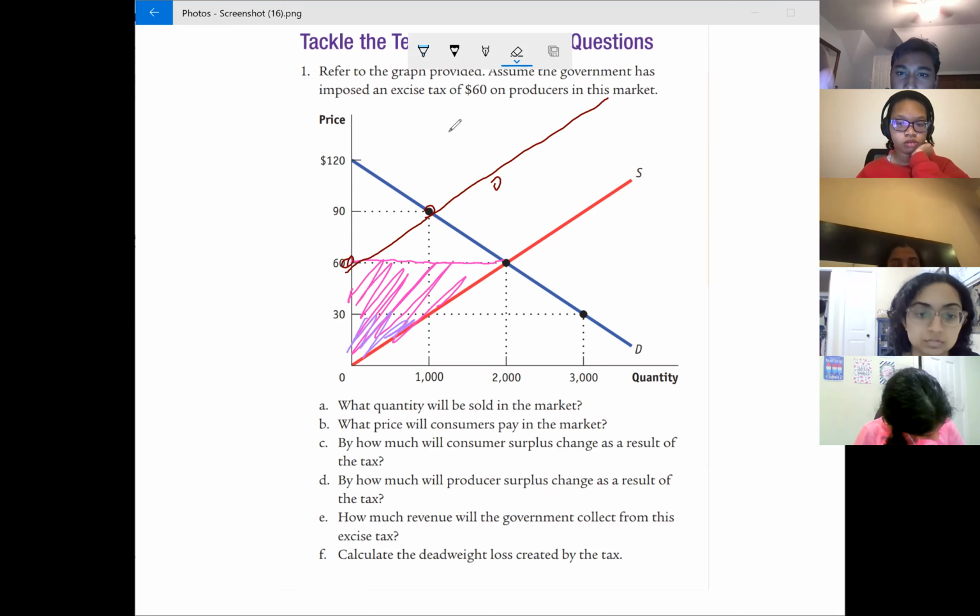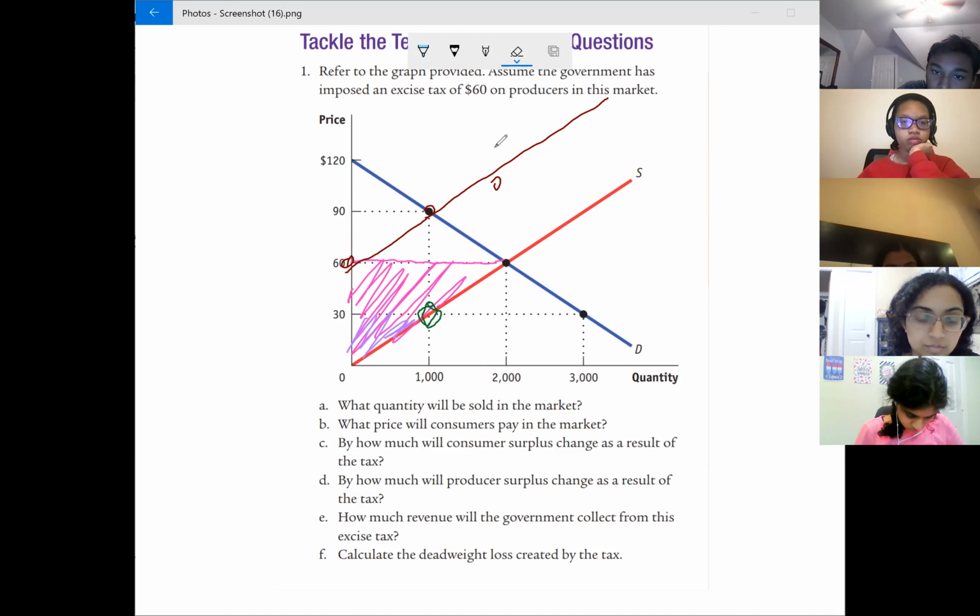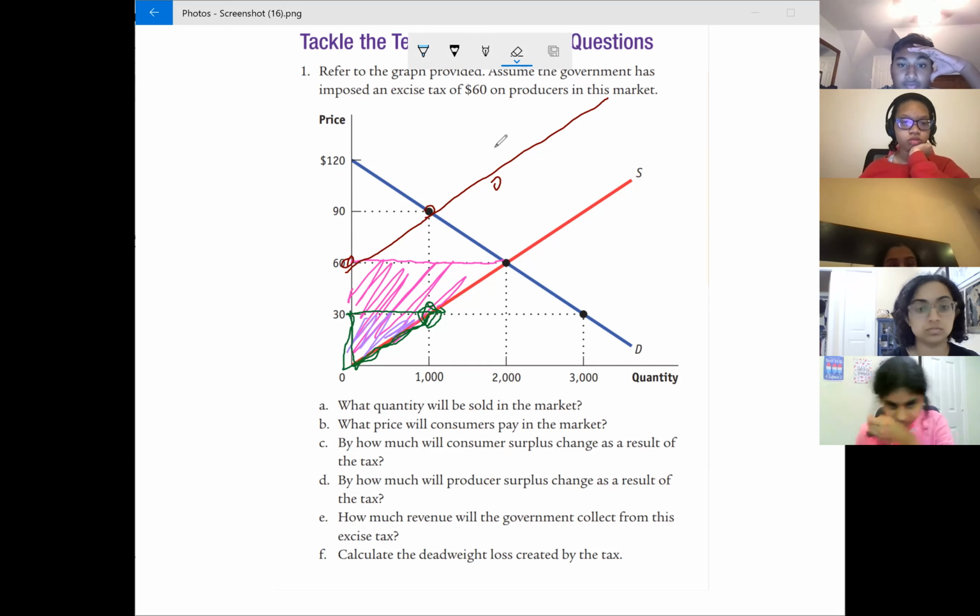Does that make sense? The reason for that is because this is your new place for supply. So remember, it has to be below the equilibrium price and then above the supply line. So this is your new triangle. So you went from 60 times 2,000, so 120,000, to 15,000 again. So it'd be 45,000 again. Does that make sense? Okay.